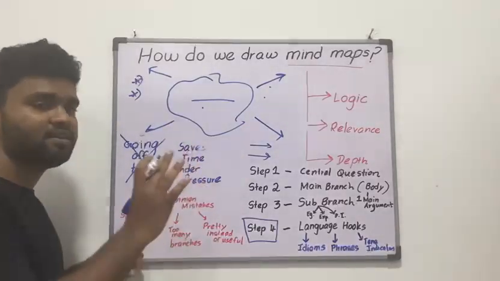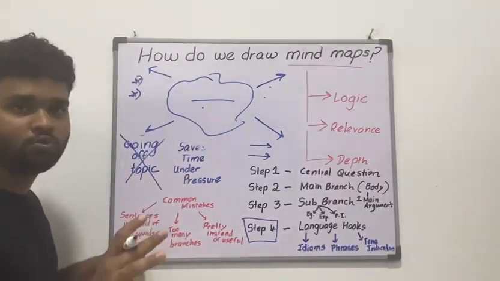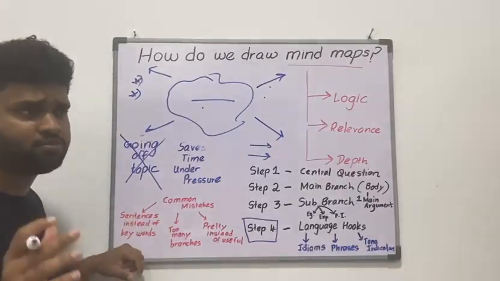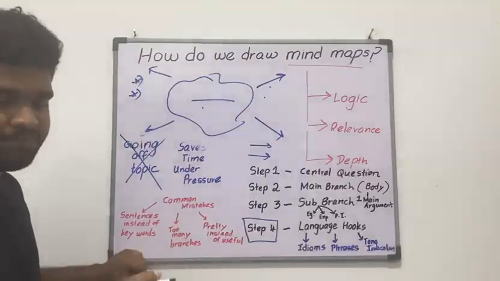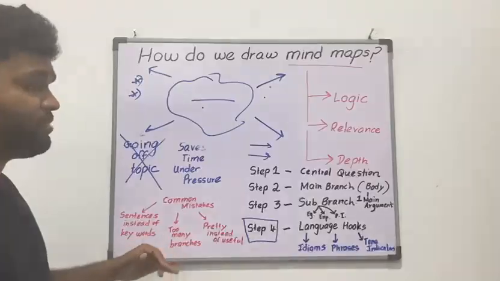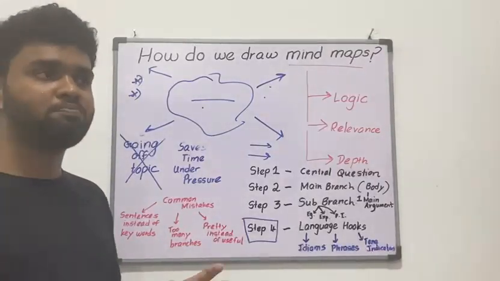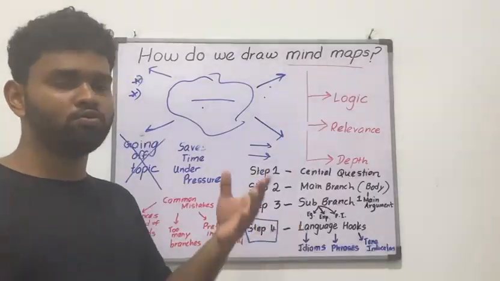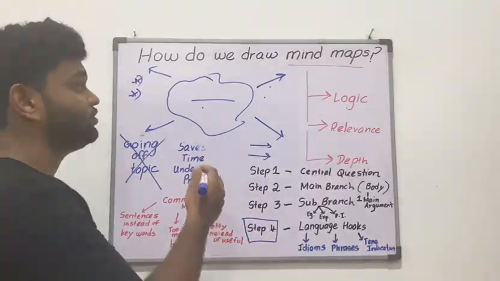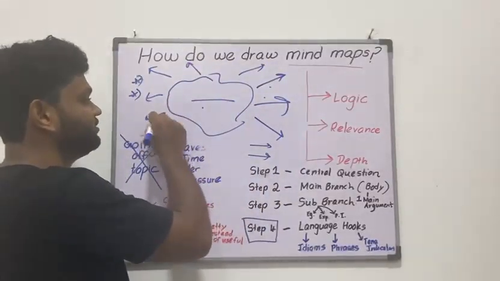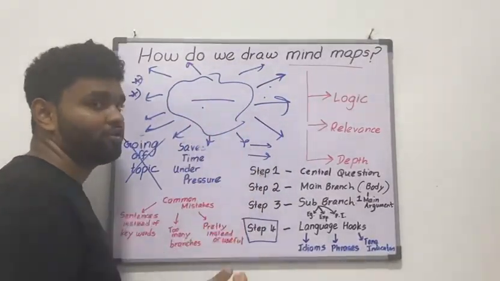I would say the best possible time for you to do a mind map is 5 minutes. 5 minutes is more than enough. It's too much actually. Just write it up and go for the essay. Another mistake is too many branches. The word count is possibly around 200 for all our students, and when it comes to the high exam, it's going to be around 250 to 300. So if you come up with hundreds of arguments here, you're going to get confused.